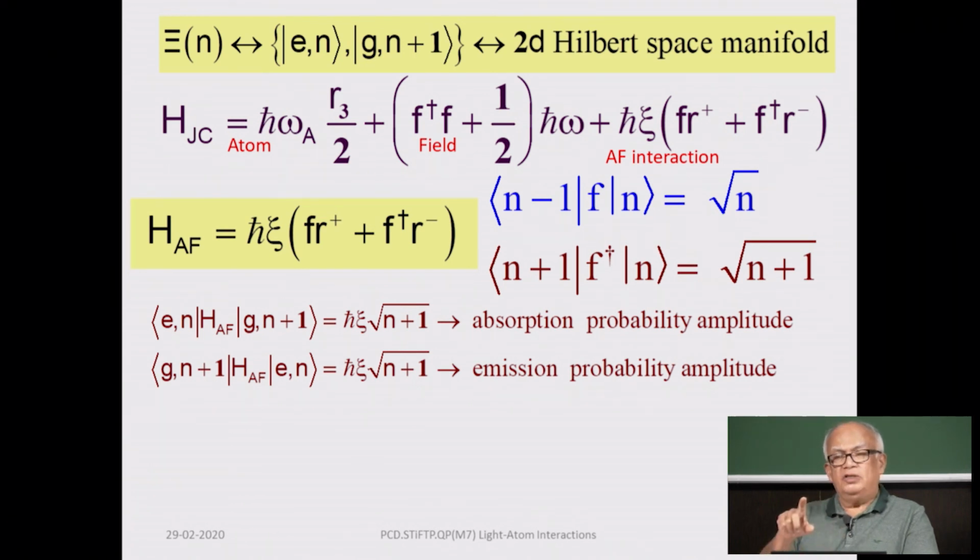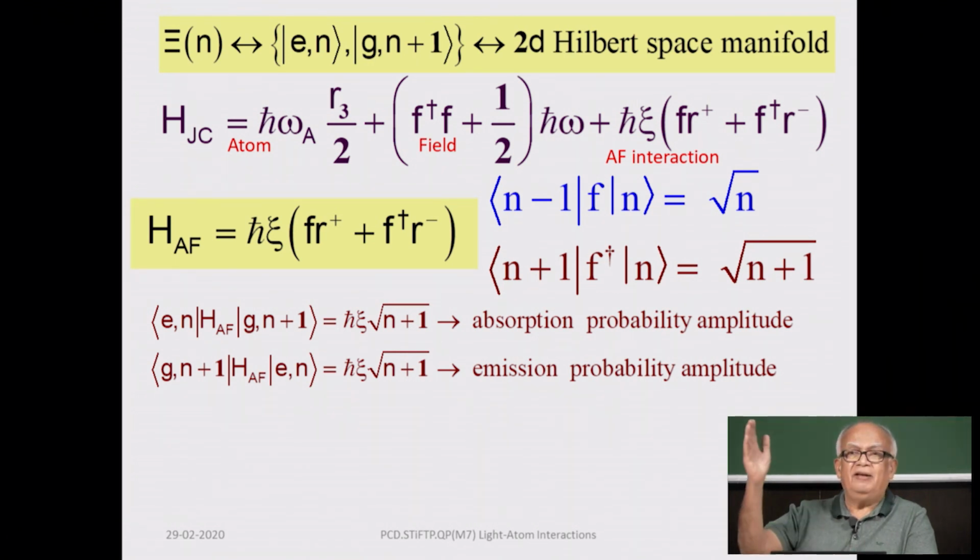So, if there are 2 photons in the cavity, then this probability amplitude is higher than what it would be if there was only 1 photon, and that would be higher if there was no photon. And if there are 10 photons, then there will be square root of 10 plus 1.